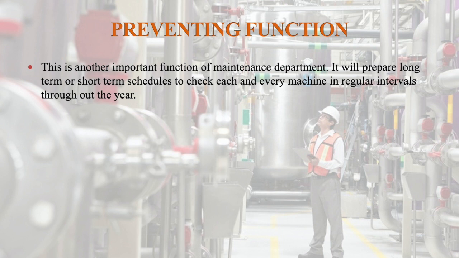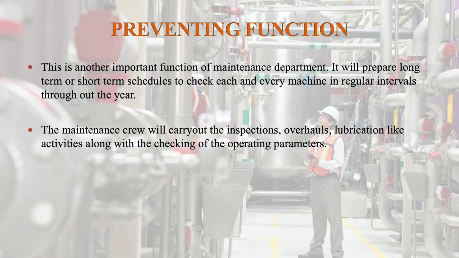It will prepare long-term or short-term schedules to check each and every machine at regular intervals throughout the year. The maintenance crew will carry out inspections, overhauls, and lubrication activities along with checking the operating parameters. Preventive maintenance is nothing but preventing the machine before it fails. Other activities may be greasing, lubrication, or small regular inspection of a machine at regular intervals.